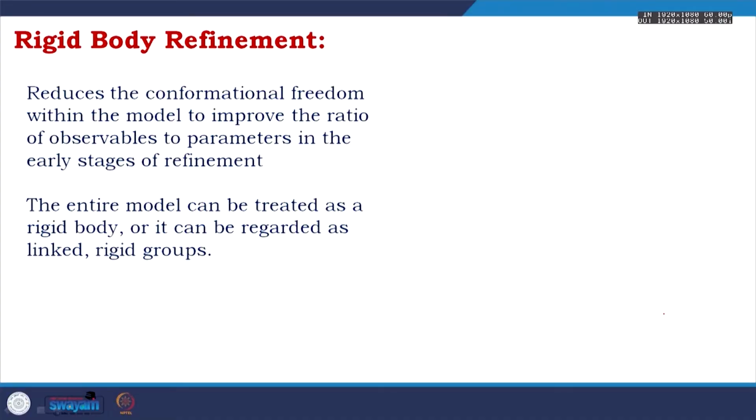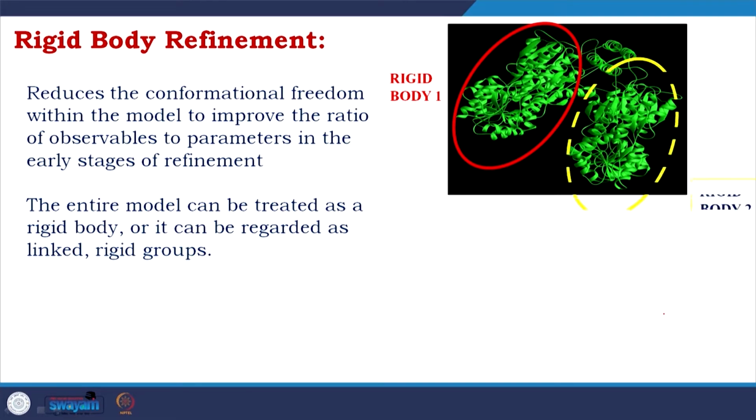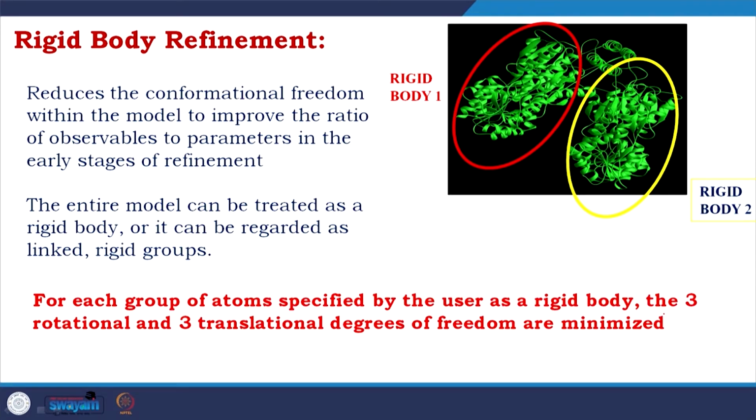The entire model can be treated as a rigid body or it can be regarded as linked rigid groups. If you see, there are two different domains. One domain is considered as rigid body 1 and the other domain is considered as rigid body 2, and for each group of atoms specified by the user as a rigid body, the rotational and translational degrees of freedom are minimized.